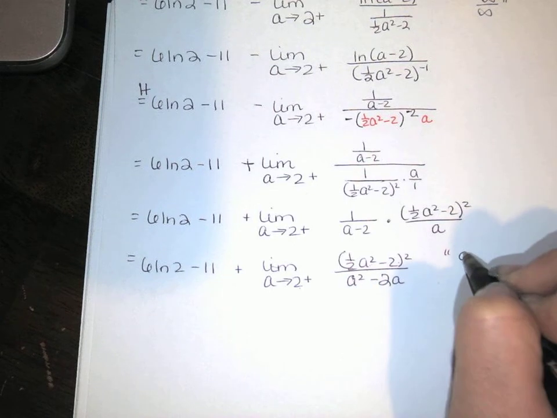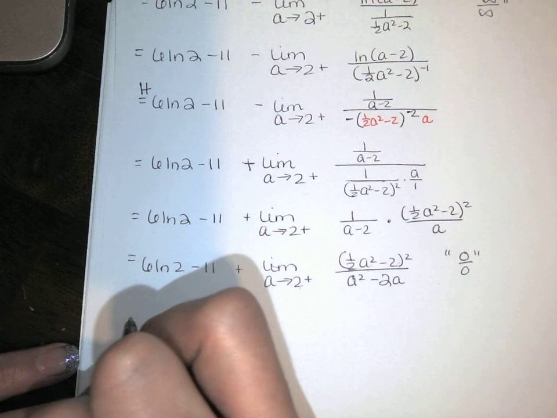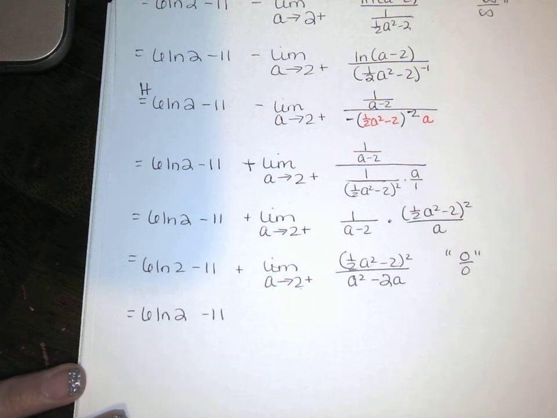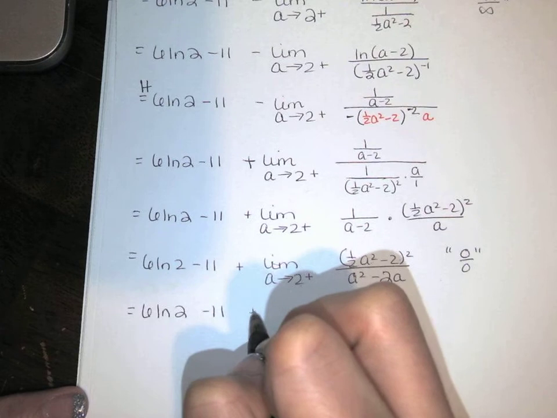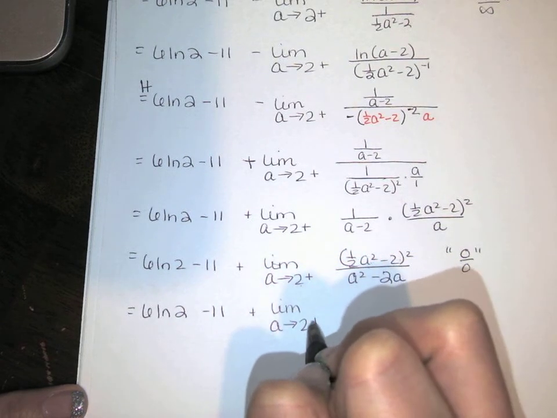So it's still a 0 over 0 indeterminate form, but at least there are no logs in it. I've got polynomials. That's encouraging, because we know eventually we'll get a constant when we take the derivative of a polynomial. So let's apply L'Hopital's rule.